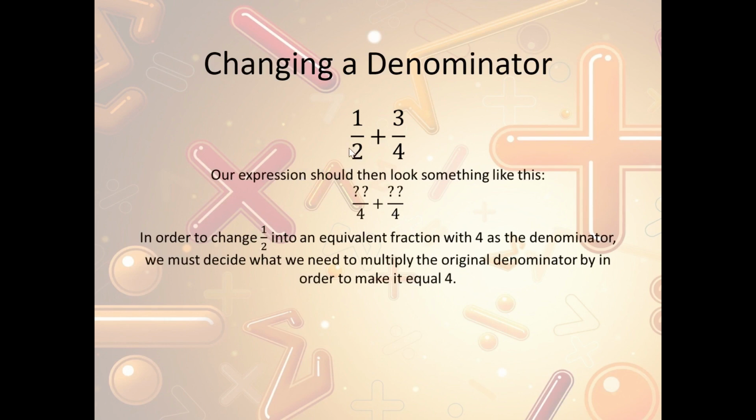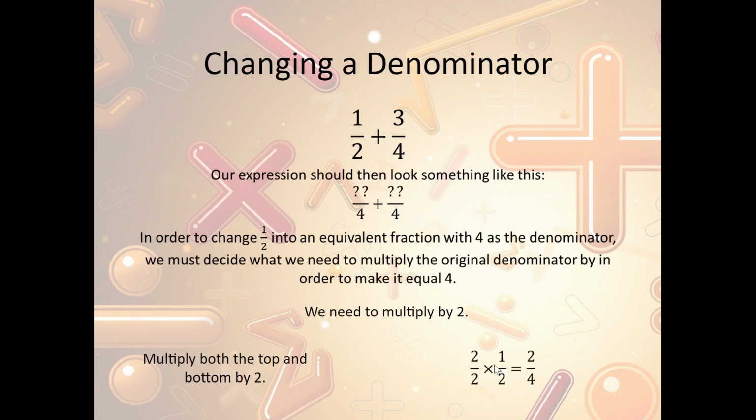Well, we know that we need to multiply 2 by 2 to get 4. So we're going to have to do it to both the top and bottom. So we're going to multiply both top and bottom by 2. So we get 2 over 2 times 1 over 2 is equal to 2 over 4. Because 2 times 1 is 2. 2 times 2 is 4. So this is 2 over 4 plus 3 over 4 now.